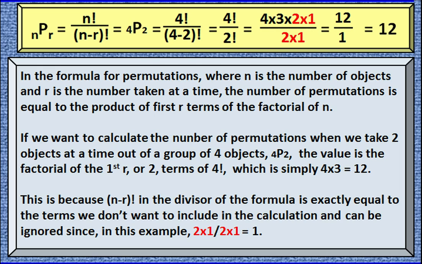This is because n minus r factorial in the divisor of the formula is exactly equal to the terms we don't want to include in the calculation and can be ignored, since in this example 2 times 1 divided by 2 times 1 is equal to 1.